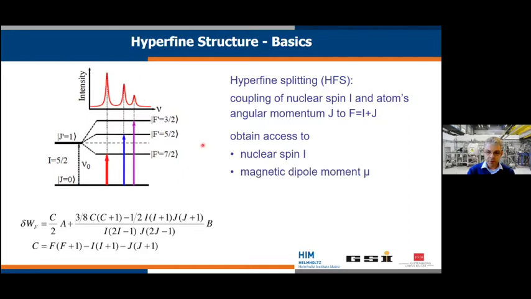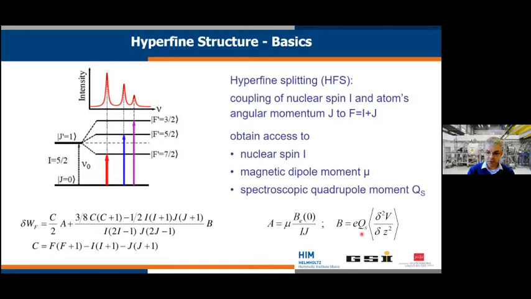And of course, you can also obtain a magnetic dipole moment or a spectroscopic quadrupole moment. This is connected to these two factors A and B in the splitting pattern.